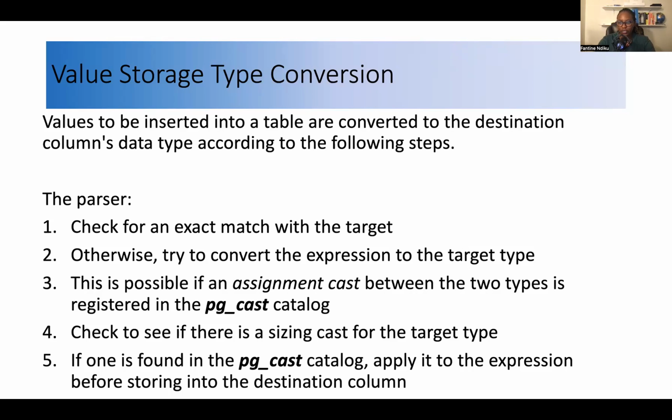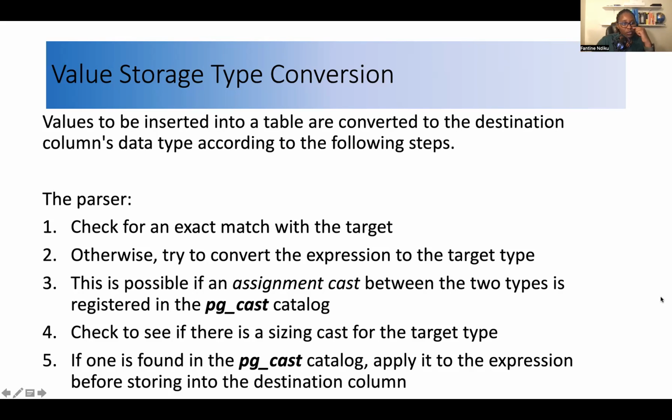So if we want to insert new data in a table, we have to make sure that that data has the same data type as the column we are targeting. So like insert, update, we have to make sure that the data we're inserting has the same data type as the column in the table of the database.